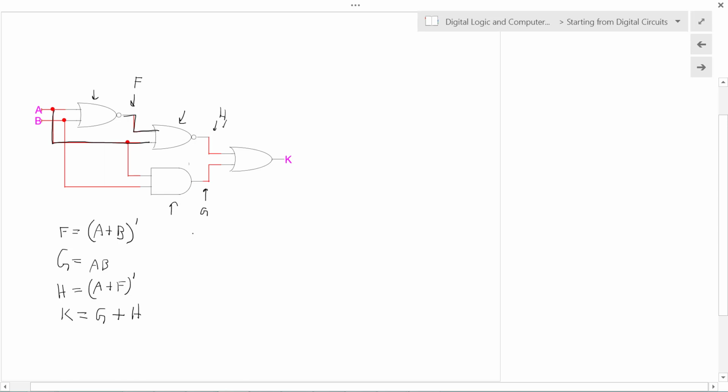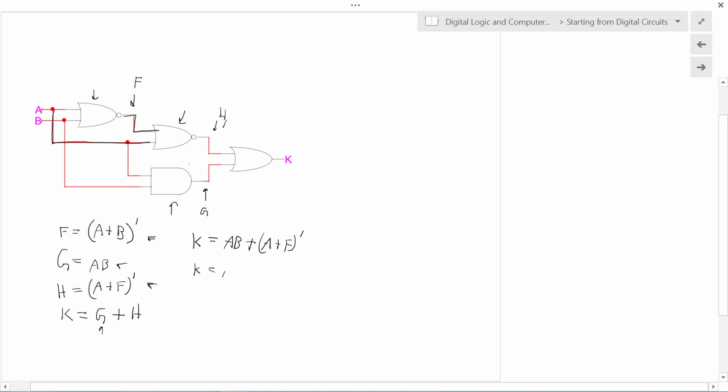So let's solve for K in terms of A and B. K equals G here, so let's substitute for G. A ANDed with B, and then we OR that with H, which is A NOR F. Finally, we can substitute for F here.